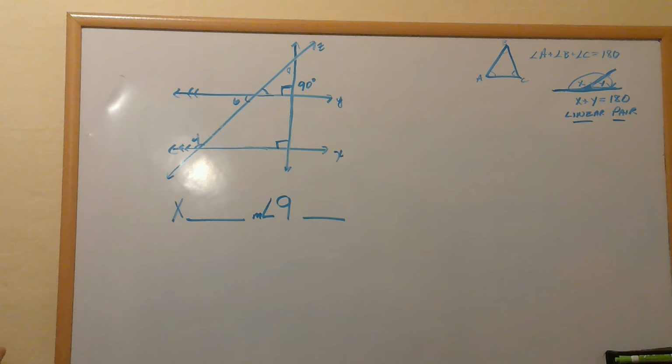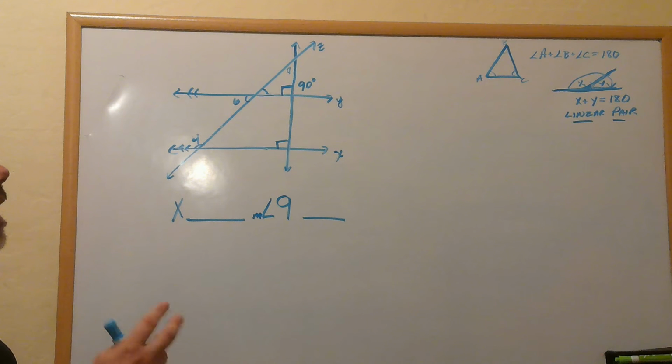That's the definition of a linear pair: two angles that are adjacent to each other that create a straight line, and therefore that straight line is going to be 180 degrees. Very similar to taking a look at the bottom of your protractor, for example.